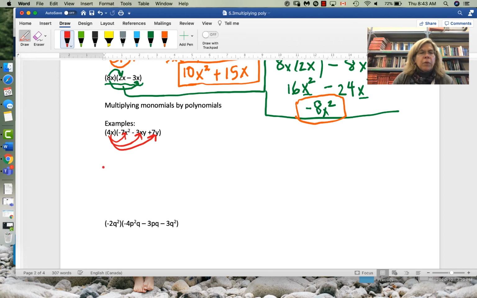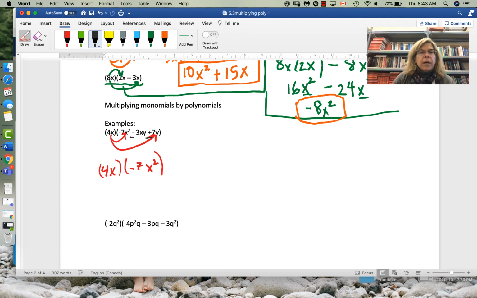So we would have 4x times minus 7x squared, minus, you see the minus sign in there through all my lines? Okay, there's the minus sign. So minus, and then this one is a plus over here, but we're just starting with the minus.